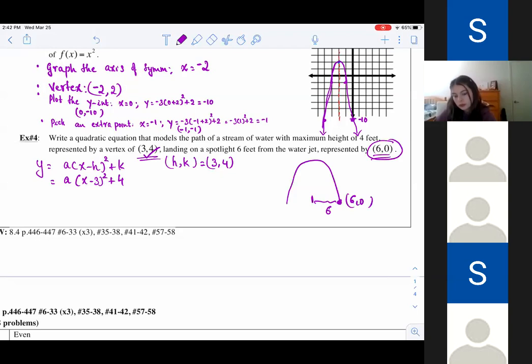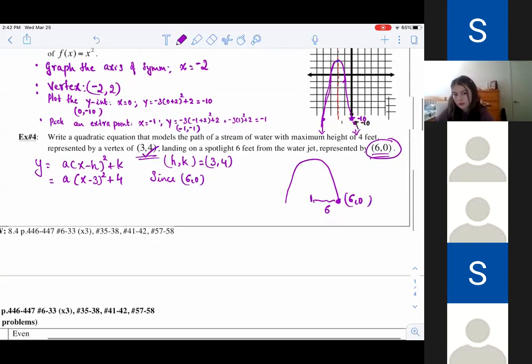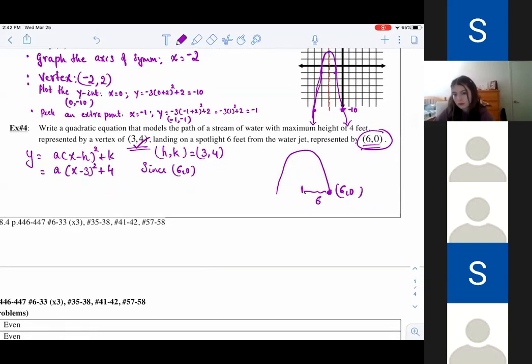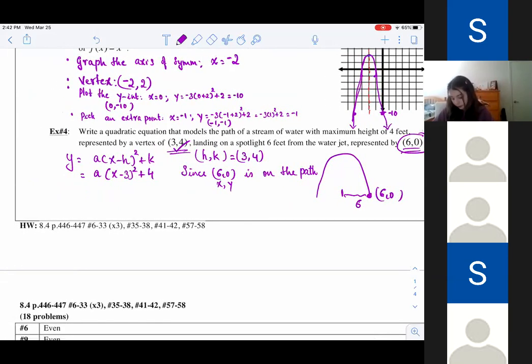That is also a point on that path. So you can sub in 6 for x. Yeah, you're right. Then (6, 0) is on the path. Let's just use this as your x and this as your y, because that is actually a point on the path.